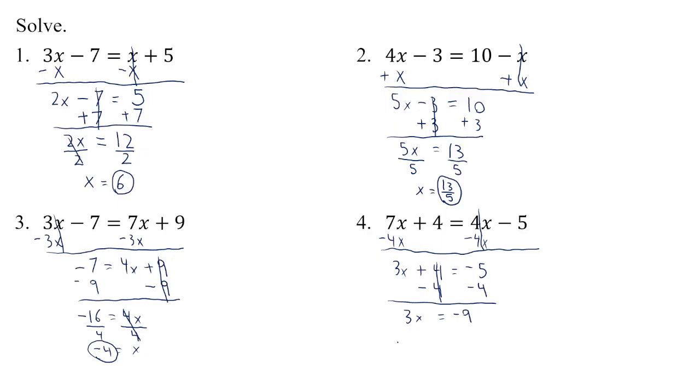Multiplication, the opposite is division. So we divide this side by 3, and we divide this side by 3. And therefore, x equal negative 9 divided by 3 is negative 3. And therefore, the solution is negative 3.